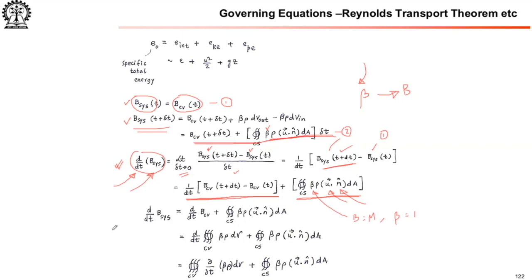Okay, so then what we have is d by dt of B of the system, or the property of the system, is d by dt of the property of the fluid within the control volume plus this flux of that property across the surface of the control volume.